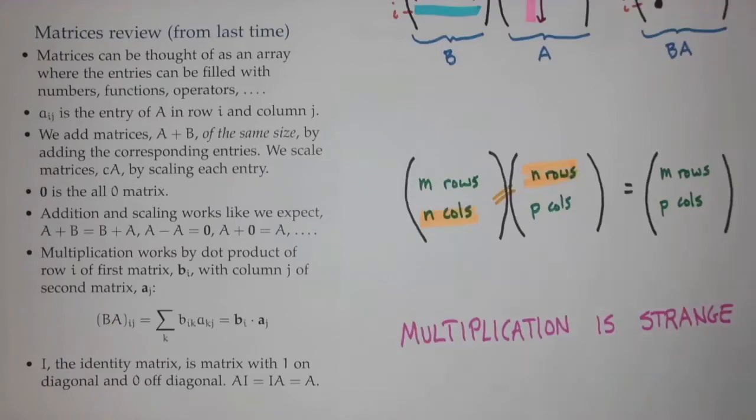And that's called the identity matrix. So you should think of I and identity as being 1. It even kind of looks like a 1 when you write an I. So that says A times I, or I times A, it's A. It doesn't change anything. All right. So that's what we did last time, other than say that multiplication is strange. But we kind of felt that. So that shouldn't be too surprising.